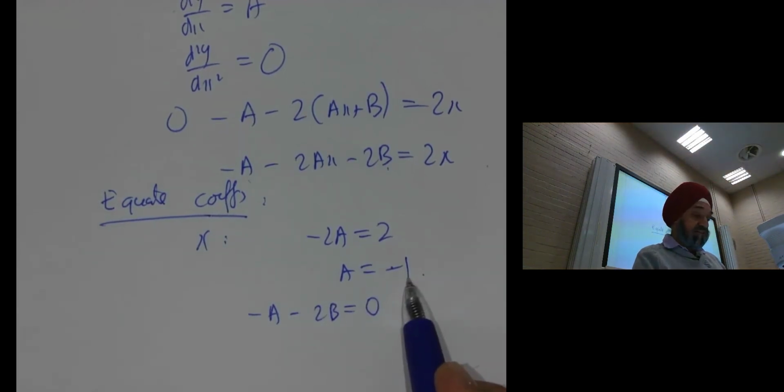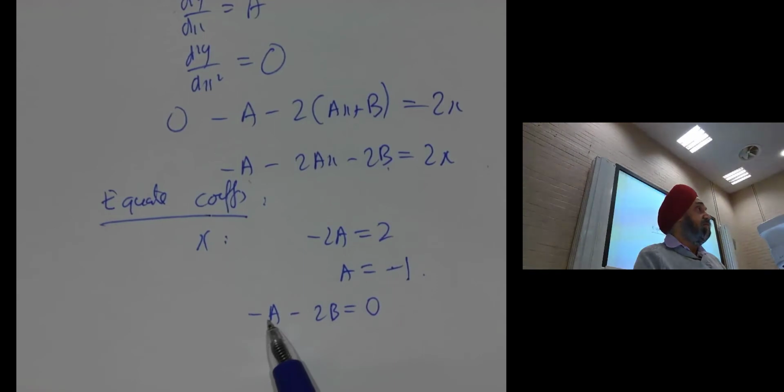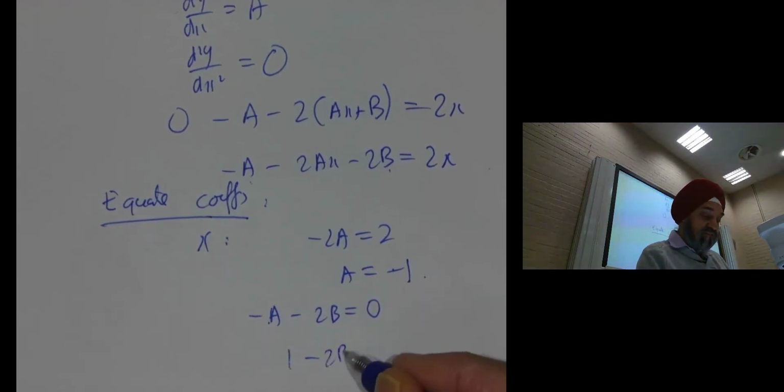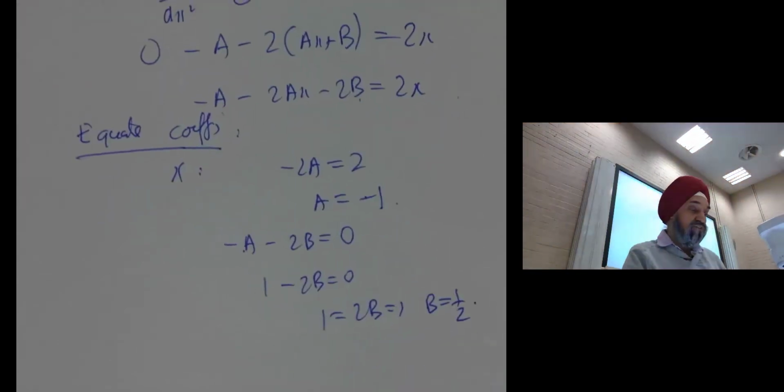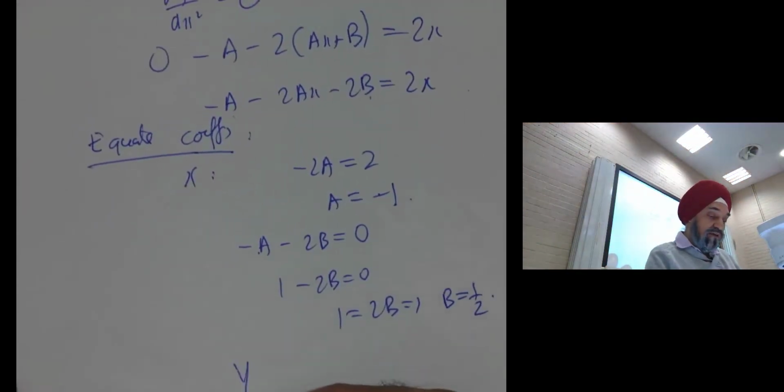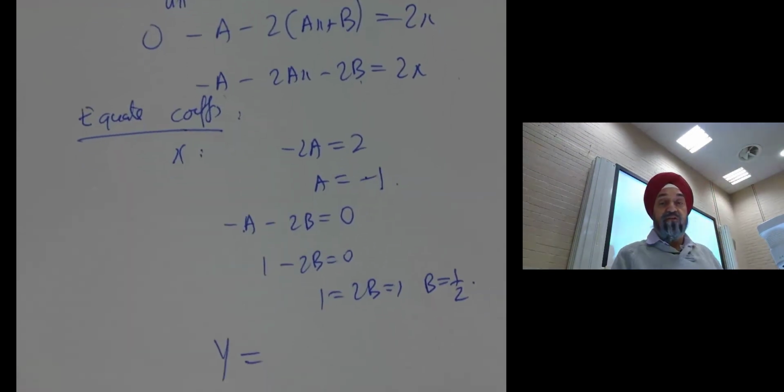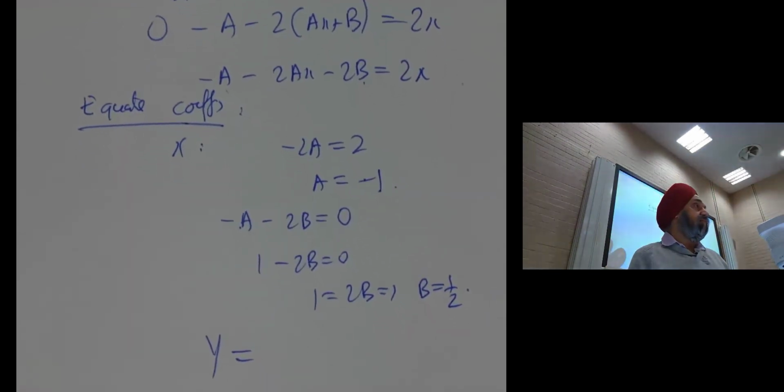So minus 1 minus minus 1 gives you plus 1. We've got 1 minus 2b is equal to 0. So 1 is equal to 2b, so b is a half. So your trial function, or your particular integral, y is equal to what?